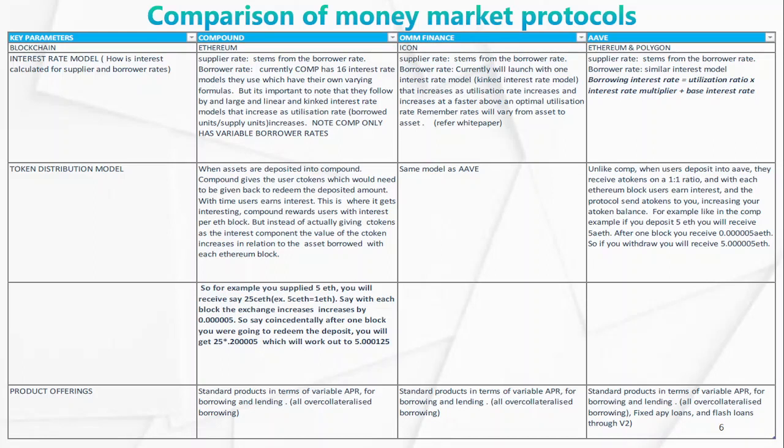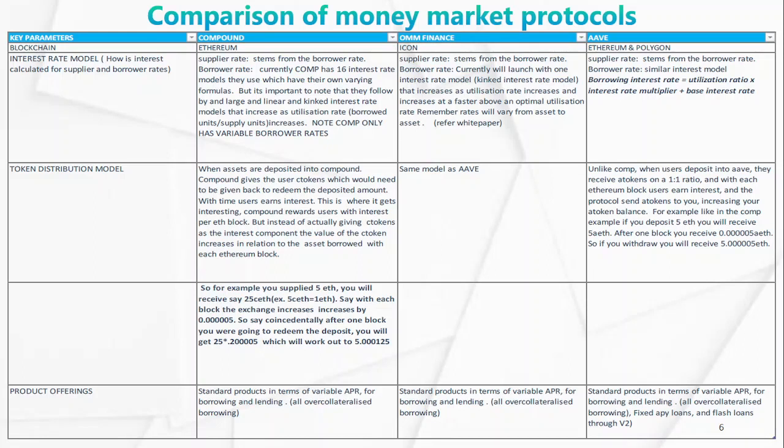For example, Comp has 16 interest rate models, the last I checked, so it really depends on what they use. In terms of supplier rates, they all vary according to the utilization rates, so it depends on the demand and utilization rate of those assets.